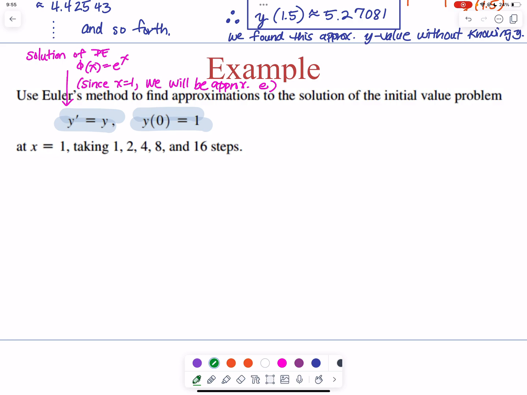So we could call these n. So n is equal to 1, 2, 4, 8, and 16. This will be the number of steps.